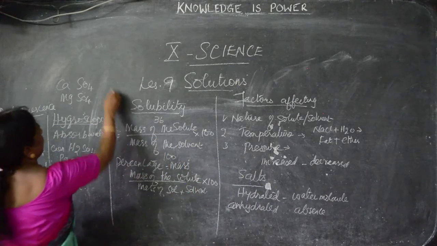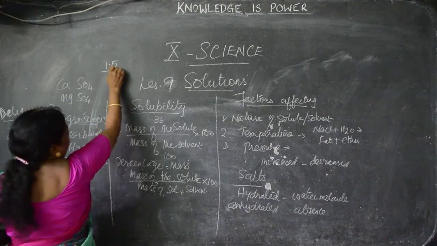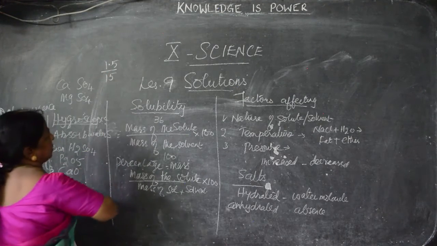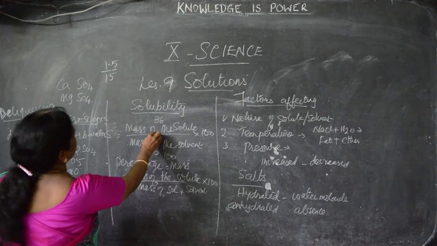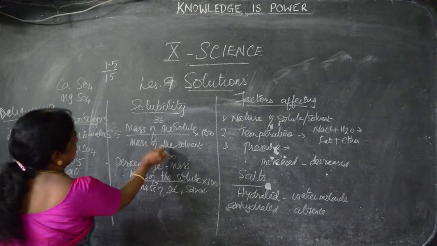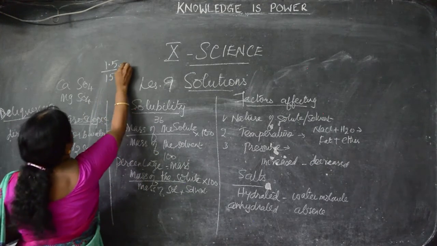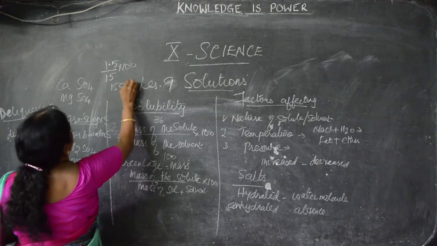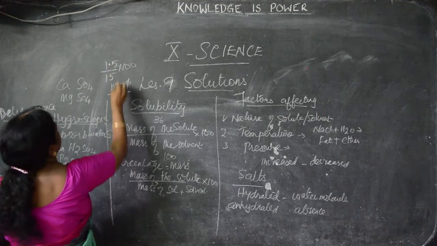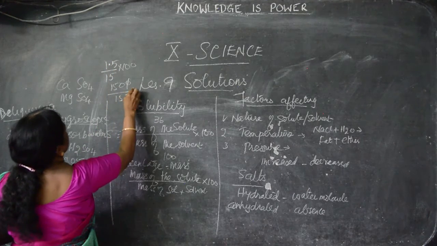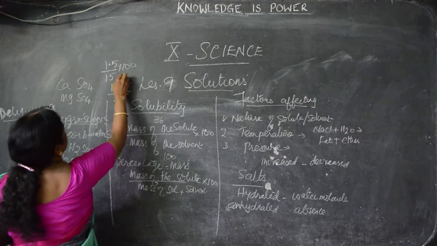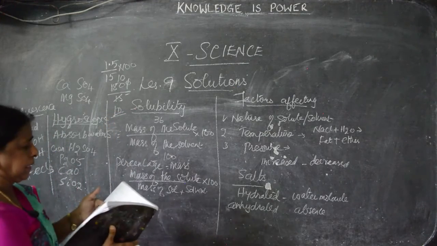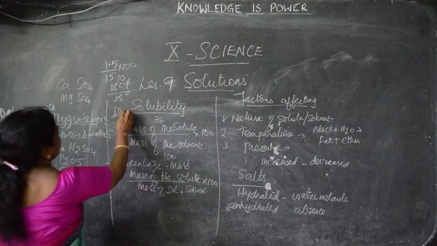Now we have to find the solubility. Mass of the solute is 1.5, solvent 15, multiplied by 100. Remove the decimal point, then cancelling 15, one fifteens are 10. So solubility is 10 gram.